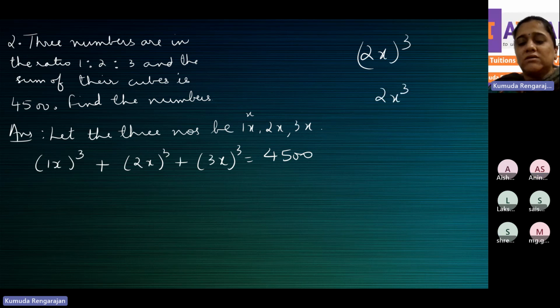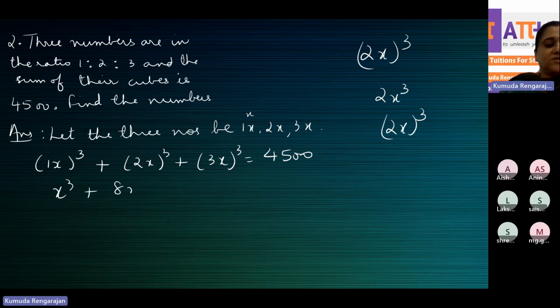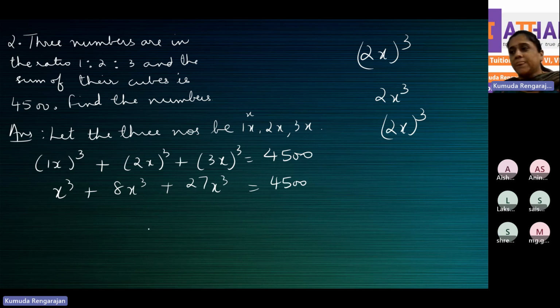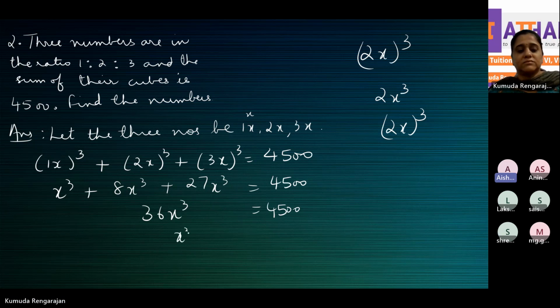So x cubed plus 8x cubed plus 27x cubed is equal to 4,500. You will get 36x cubed is equal to 4,500. So x cubed is equal to 4,500 by 36. Then x cubed is equal to 125.